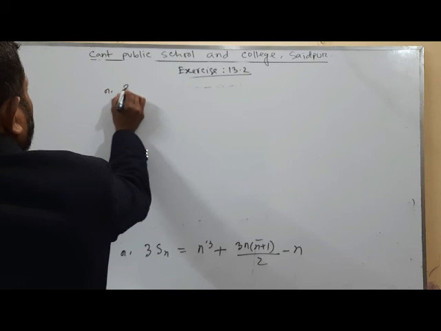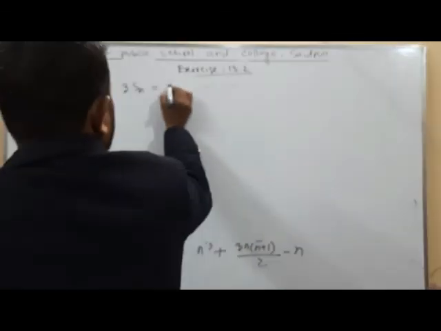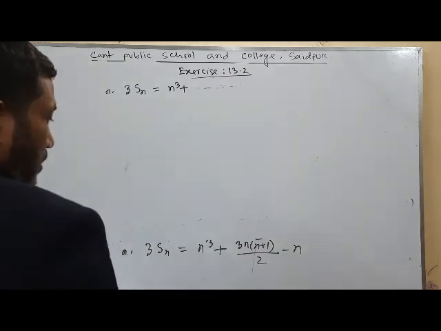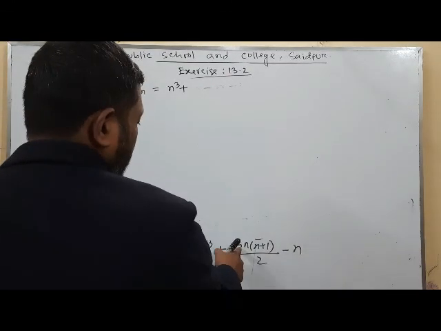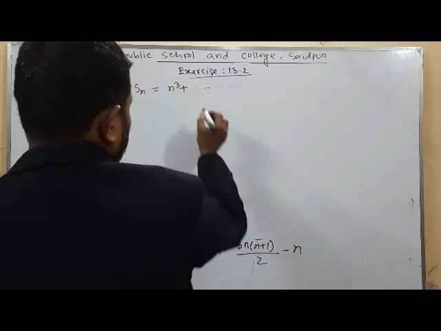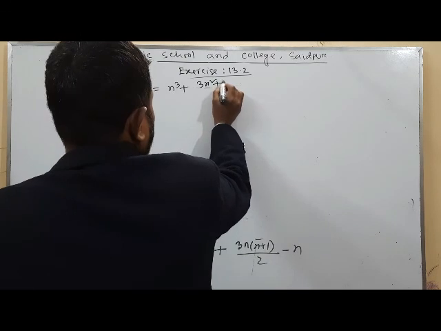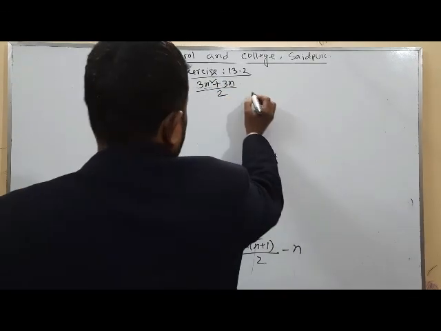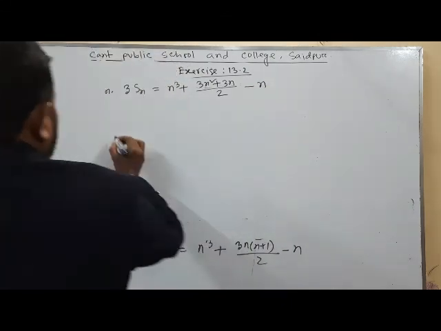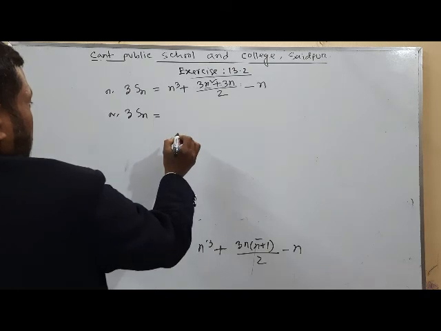Or 3 Sn is n cube. Now I multiply 3n by n plus 1, this will be 3n square plus 3n by 2, minus n, or 3 Sn.